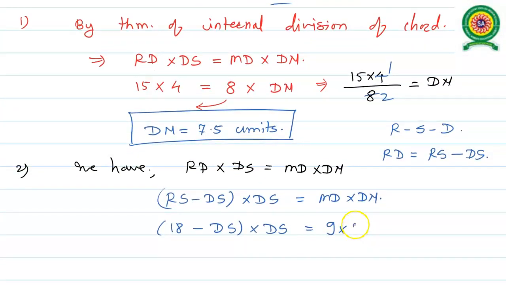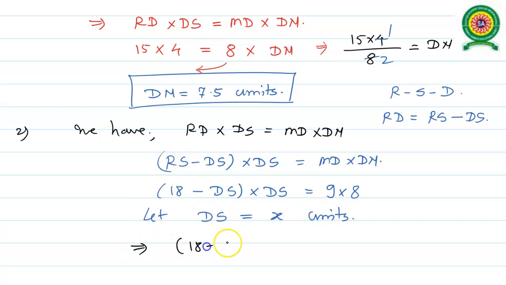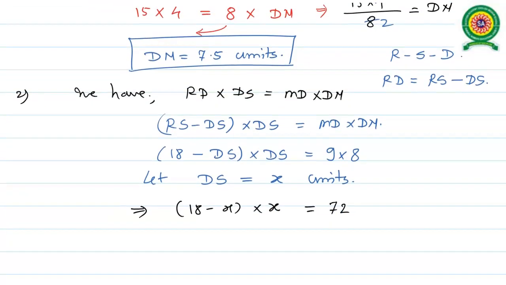So now the equation is of this form. Try to distribute this Ds over the bracket, or we may assume, instead of distributing Ds, that Ds is equal to x units. So we are getting 18 minus x into x, that is equal to 9 eights are 72.